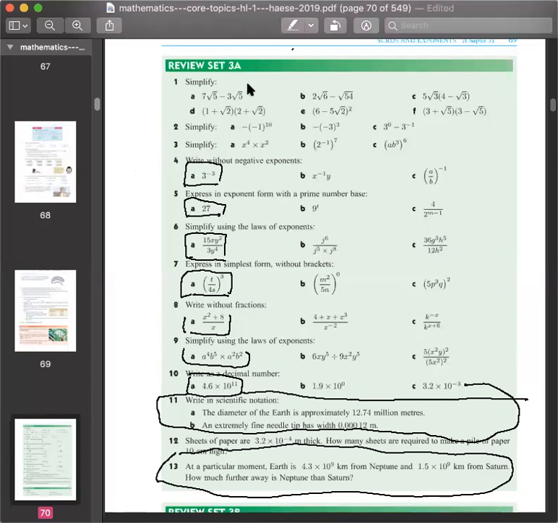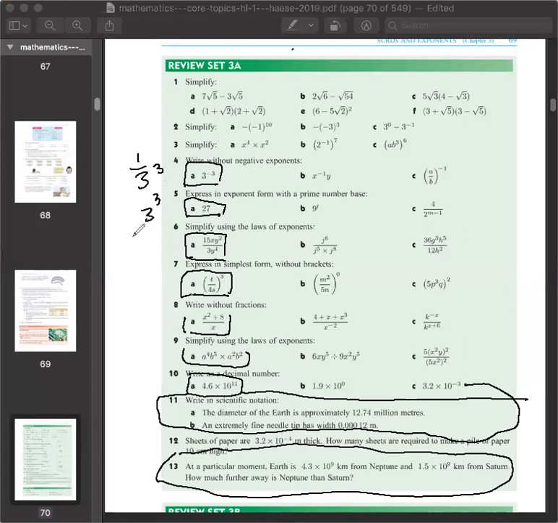So the answer is 1 over 3 to the power of 3. Second one, 3 to the power of 3. The third one, you cross them out and you get 5x over x squared.